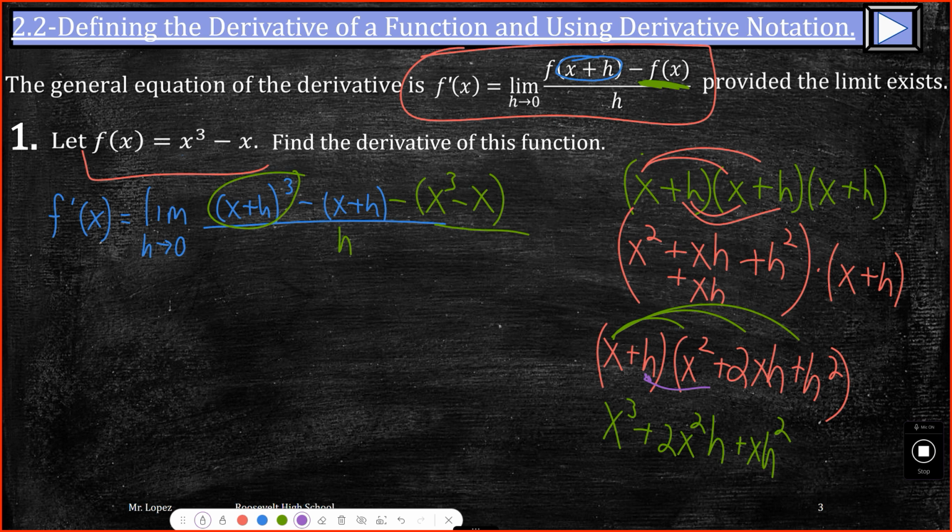Then I'm going to multiply h times 2xh, which is 2xh squared, and that goes with this. Then h times h squared is h cubed.